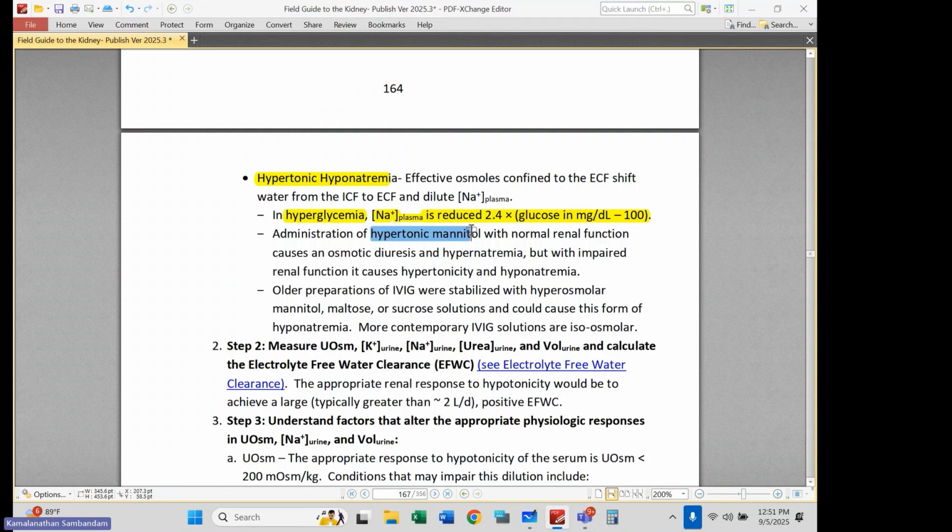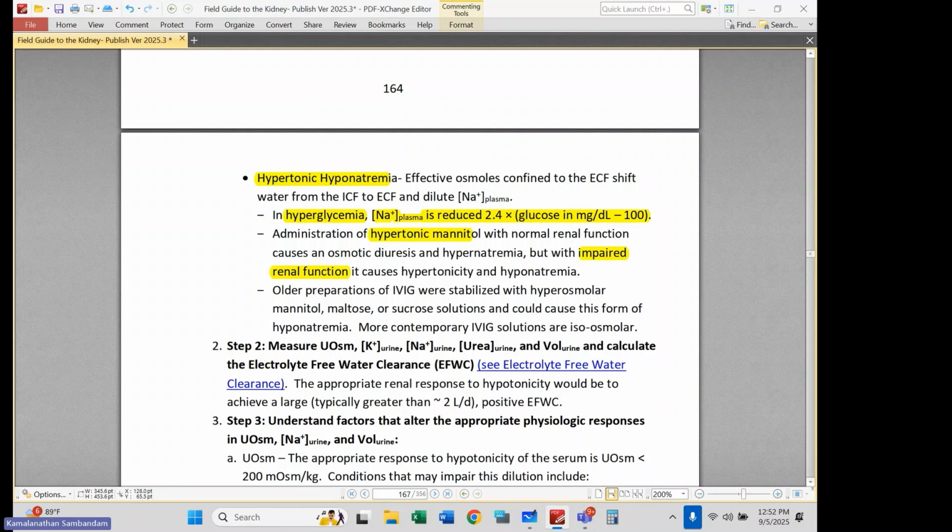If I give an individual other hypertonic solutes such as mannitol, that would be another cause of potential hypertonic hyponatremia. Now, that individual would have to have an impairment of renal function. That would be an odd case. Most patients would not receive hypertonic mannitol if you had impaired renal function. But presumably, let's suppose somebody developed AKI after receiving a bunch of hypertonic mannitol.